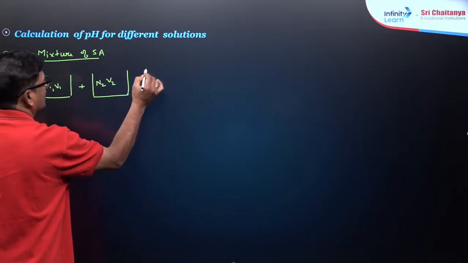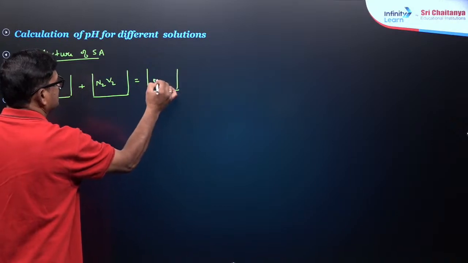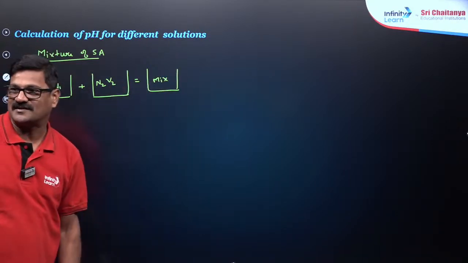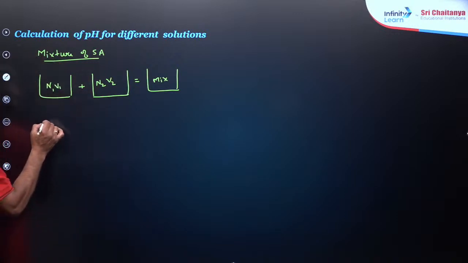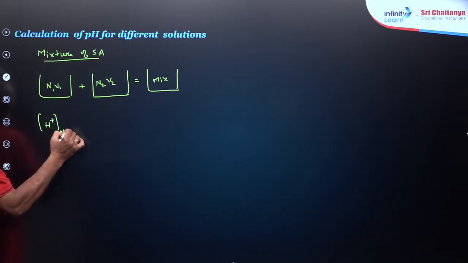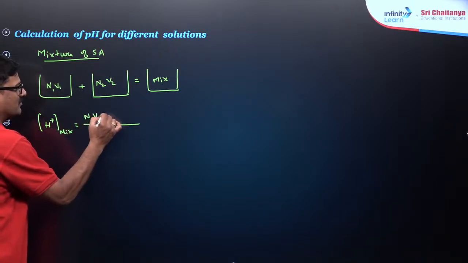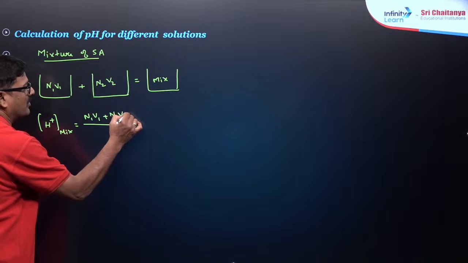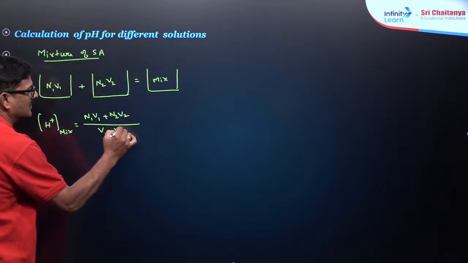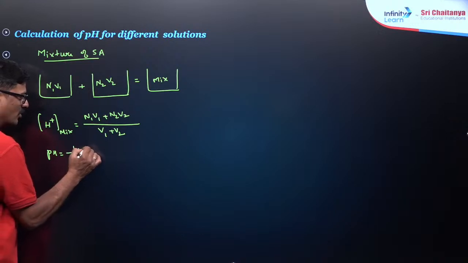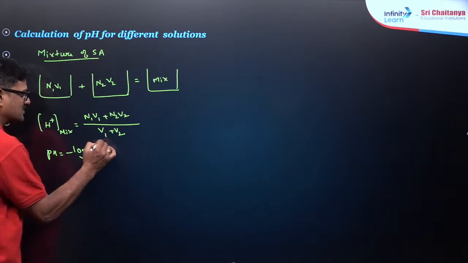You got a mixture. So what is the pH of this mixture? You have to take the H plus ion concentration of the mixture is equal to N1 V1 plus N2 V2 upon V1 plus V2. From there, pH is equal to negative logarithm to the base 10 of H plus ion of the mixture.